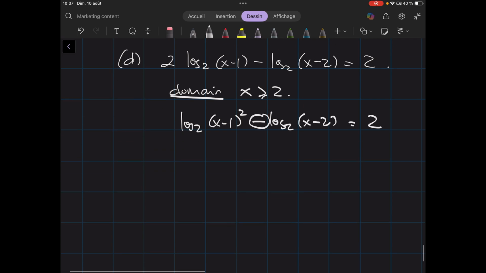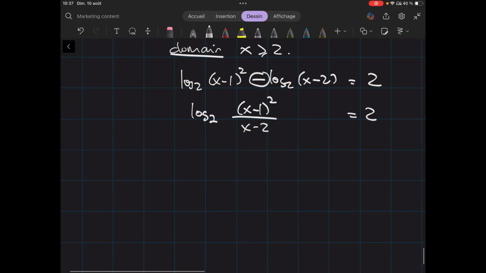Now we have the difference of two logarithms of the same base, so we divide the arguments. x minus 1 squared divided by x minus 2 is equal to 4. x minus 1 squared is equal to 4x minus 8.